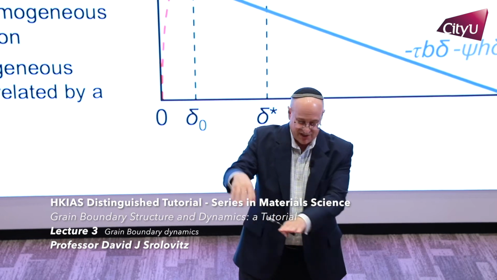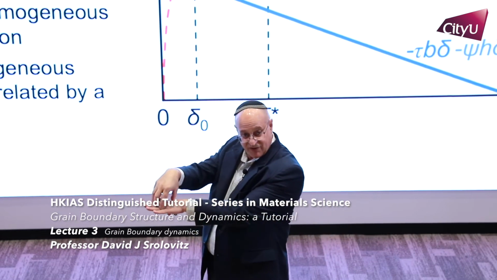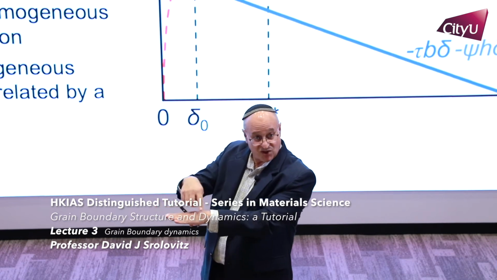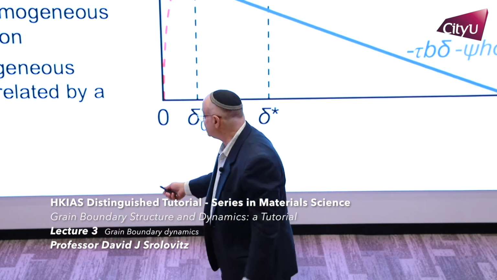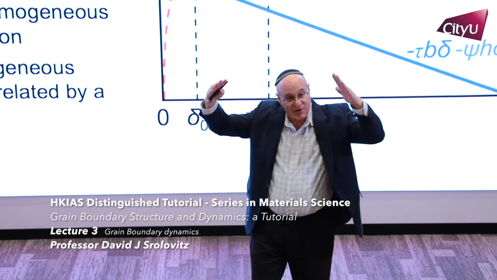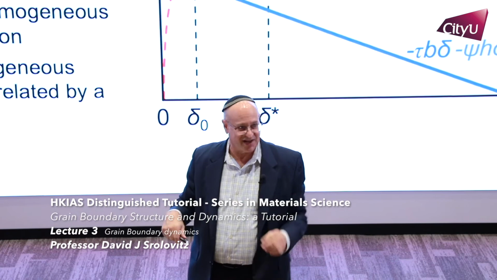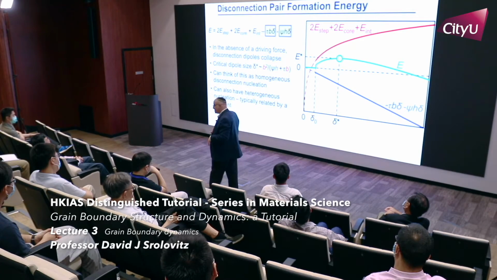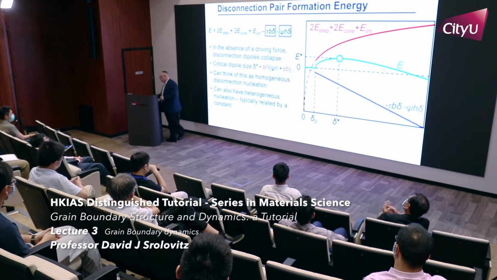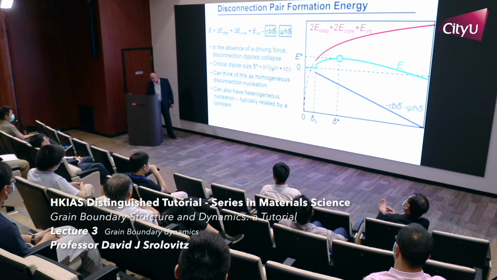But if it's heterogeneous and the crystal grows on a surface, then the formation energy is much lower. But it's still proportional to exactly the same thing. It just depends on the wetting angle in the nucleation case. Same thing here. So even though it may not actually happen homogeneously, the homogeneous part tells me the scaling.